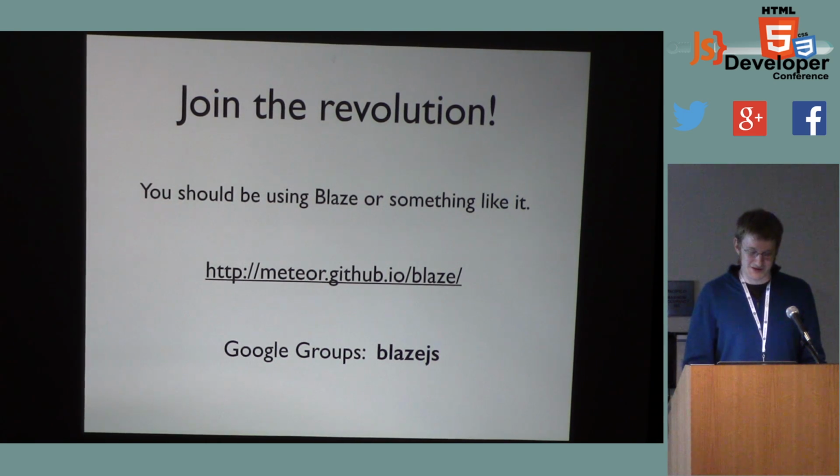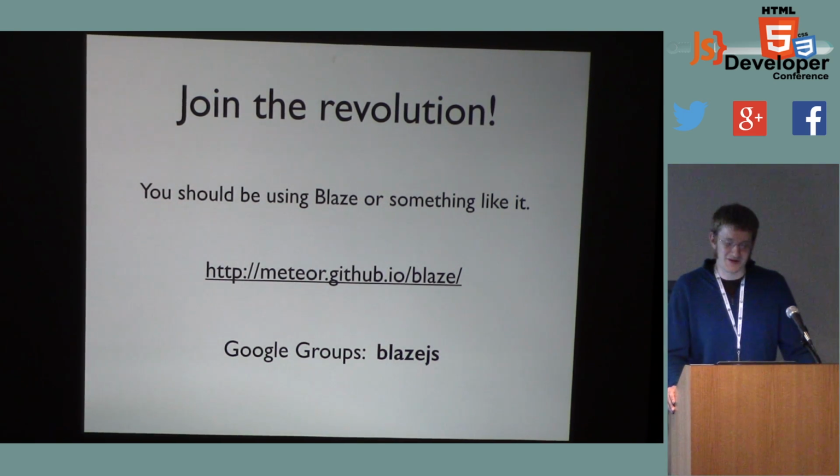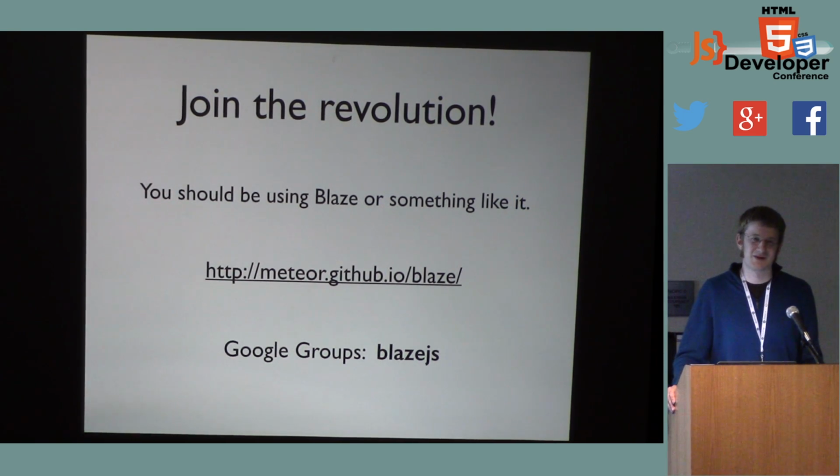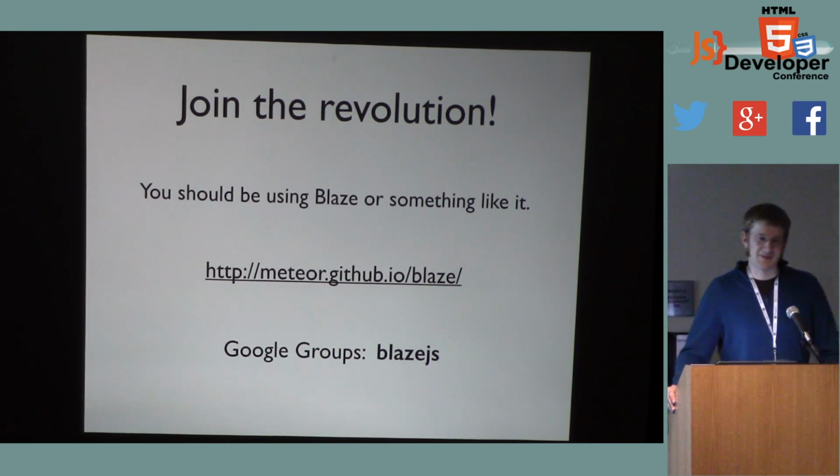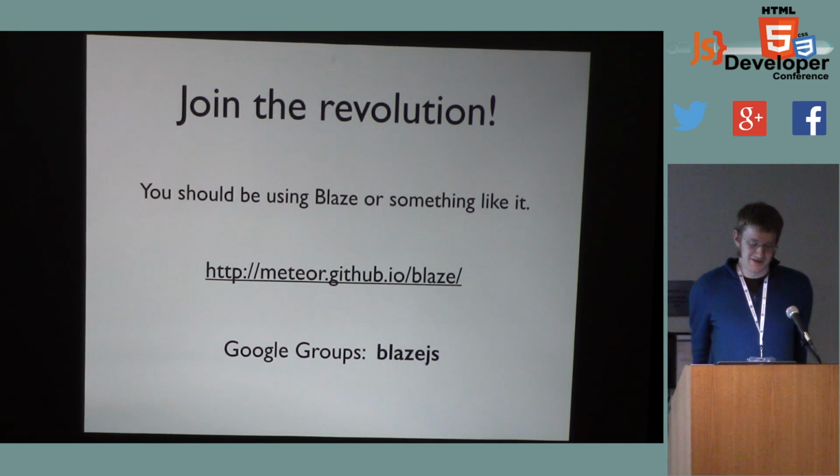So join the revolution. Basically, you should be using Blaze or something like it. You should be writing apps this way, because this is a really nice way to do it. And we're entering this new era where apps are going to be written this way. So you can find us on the web at meteor.github.io/Blaze.